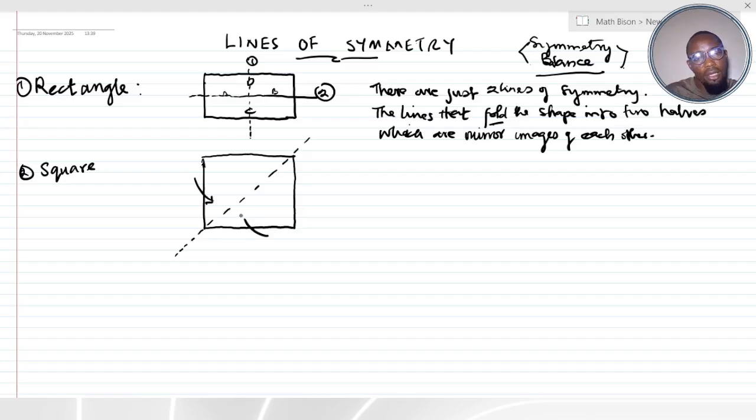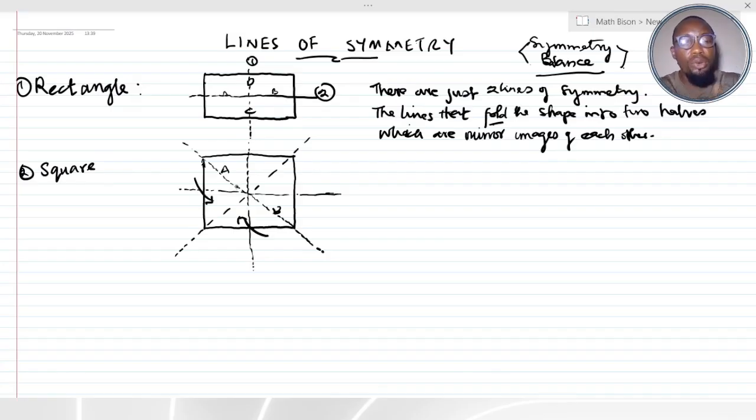If you fold them inwards, what happens? This side will cover this side properly. So the diagonals are also giving that symmetry you want. And it's not just that. From the side, we can also break it horizontally into two equal halves that are symmetrical. When I say symmetrical, just keep thinking about mirror images and two equal halves.